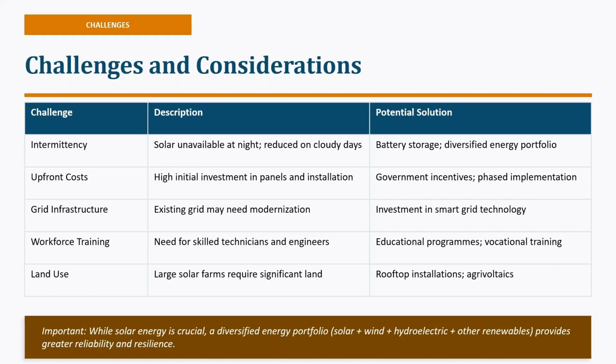There are times even in the daytime where it's very cloudy, and because of that you don't have the full strength of the energy coming from the sun. That is why it's important that you have batteries that can store the energy when the sun is in its full strength. Then the cost involved in setting up and installing these solar panels is very huge, especially when you are doing it for the first time.